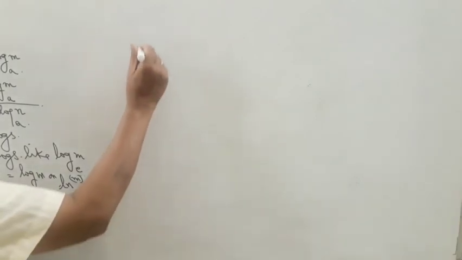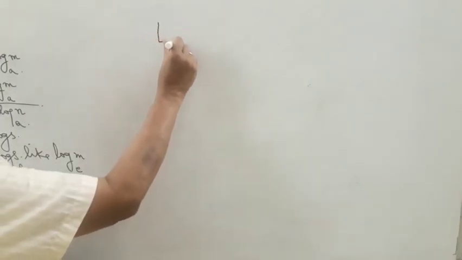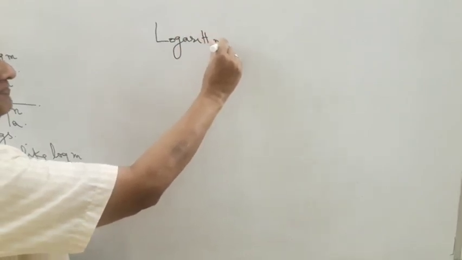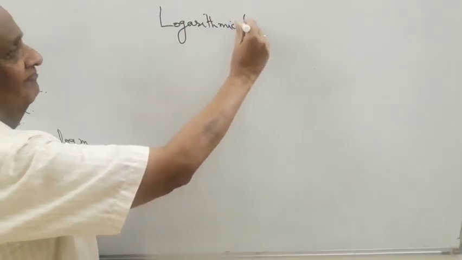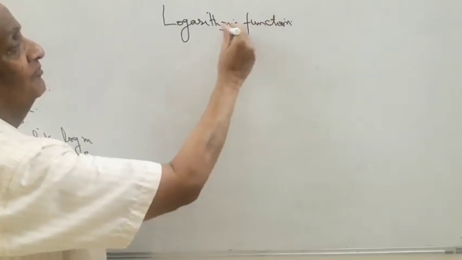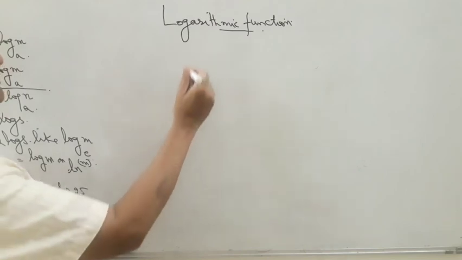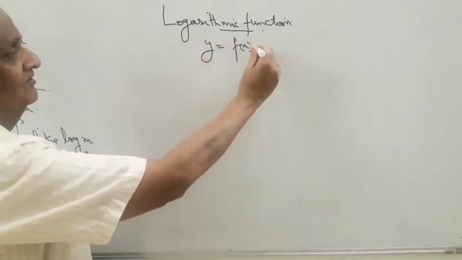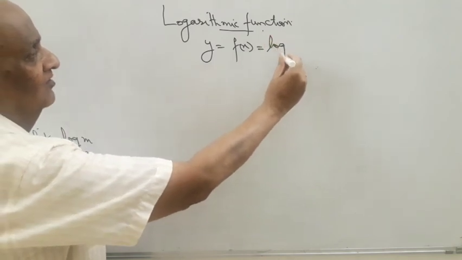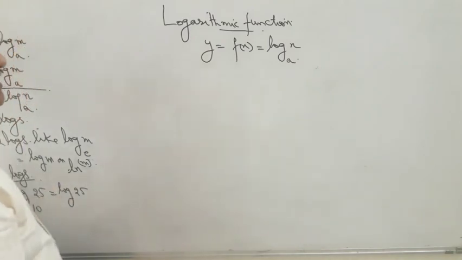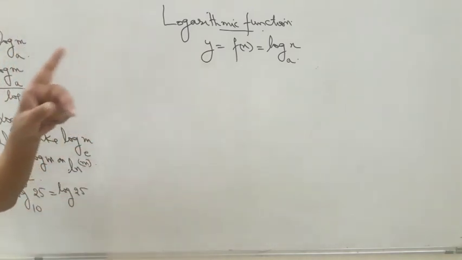Yes, now we define what is a logarithmic function. Very, very important, please. We have y is equal to f(x) is equal to log of x to the base a. I have taken a base here.